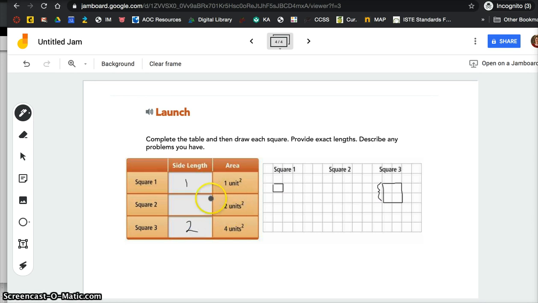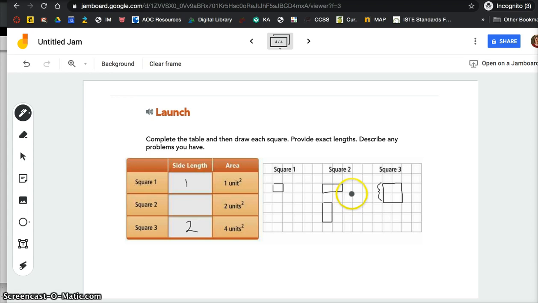Now they're asking us if we can do the same thing with an area of 2 square units. So let's write out some of the ways we can draw 2 square units. We can draw it like this, but that's not a square. We can draw it like this, and that's not a square. We know that this was 1 square unit and this was 4, so 2 is going to be somewhere between 1 and 4.